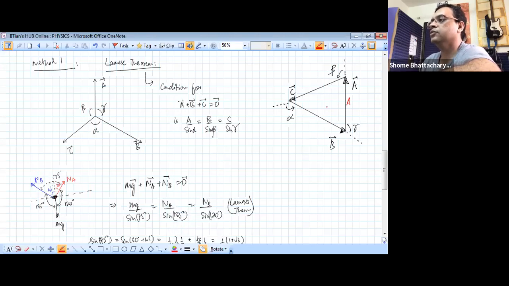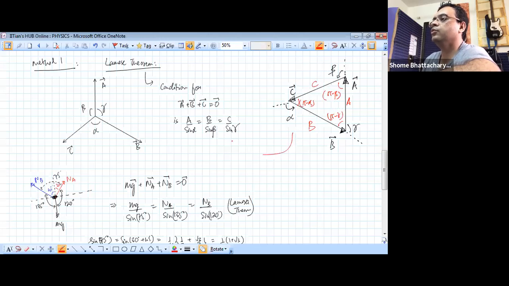So you just apply the sine rule of the triangle now. This side is A, and this angle is pi minus alpha. This side is C, and this angle is pi minus gamma, or 180 minus gamma, and this side is B, and this interior angle is pi minus beta.